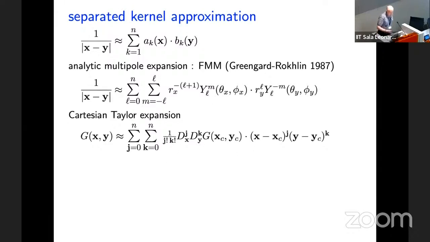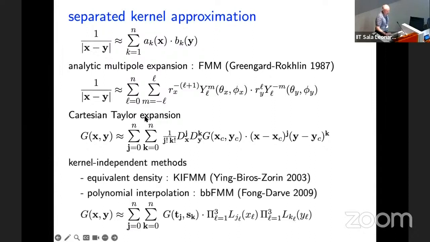So I was an advocate of the Cartesian Taylor expansion. You notice that I wrote a G here, because you can do this whenever you can compute these Taylor coefficients efficiently, and for many cases that can be done efficiently with recurrence relations. The problem with these two approaches, though, is they don't really perform well on a GPU.